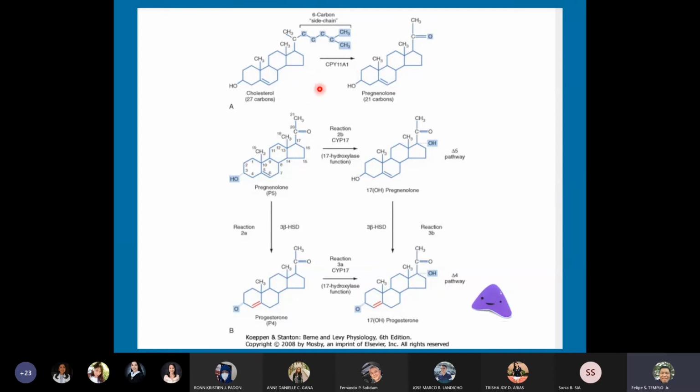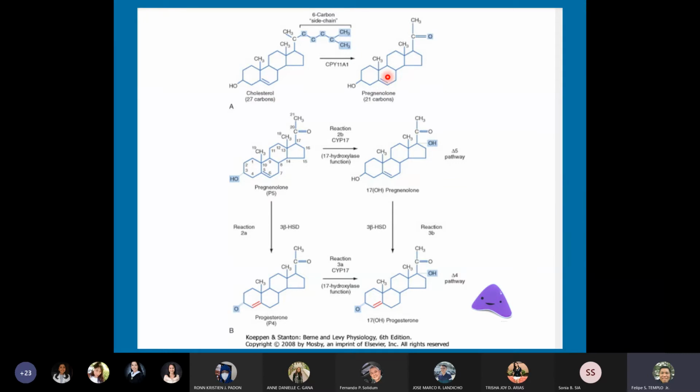Now, I mentioned earlier, the conversion of free cholesterol to pregnenolone occurs in your mitochondria, and this is the rate limiting step in the steroid hormone synthesis.